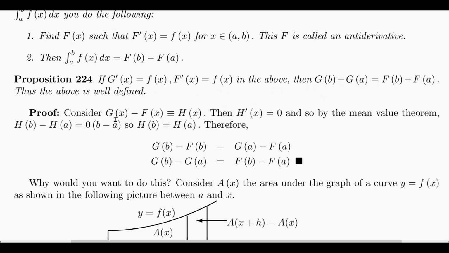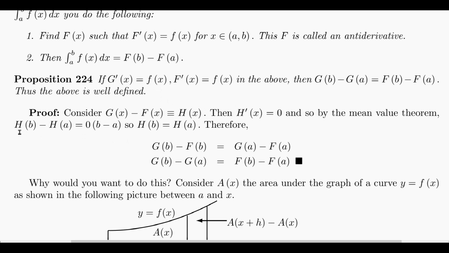All right, so suppose I look at two of them, capital G and capital F, both of them antiderivatives of f, and I look at their difference. Call that capital H of x. Well, then h prime of x is equal to 0, because when I take a derivative, it's the derivative of this one minus the derivative of that one, which is just f of x minus f of x.